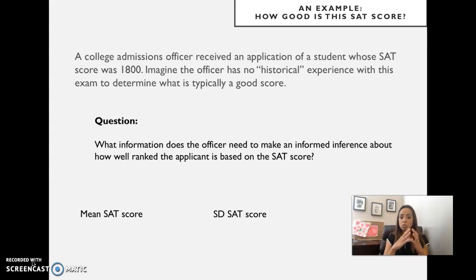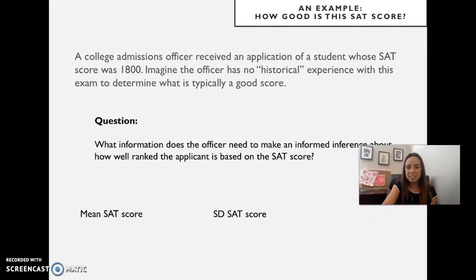But then it's nice to also have the spread of the data, because then we can have more than this gross assessment of simply above or below the mean, and we can start thinking, okay, but how much above the mean? Not in raw terms, not just by subtracting the raw score from the mean score, but in terms of how many standard deviations above the mean that score is.